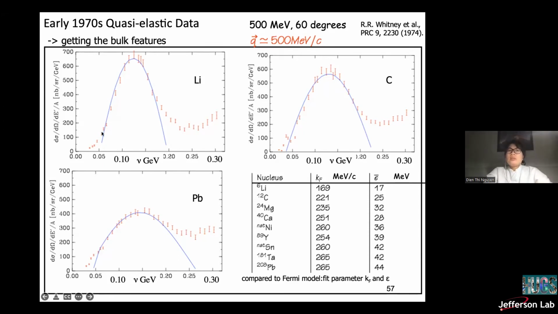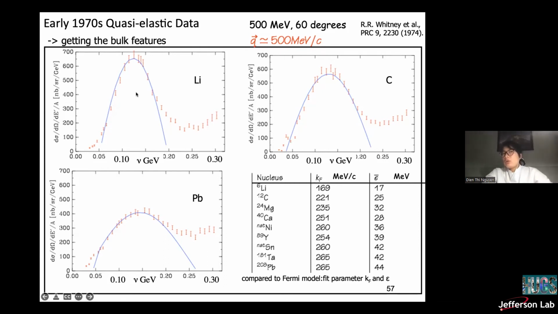So this fit, based on the expectation of the Fermi gas model, really represents the data very well for the different nuclei. You can see that from this measurement, we are able to extract the Fermi motion of the nucleon inside different nuclei.